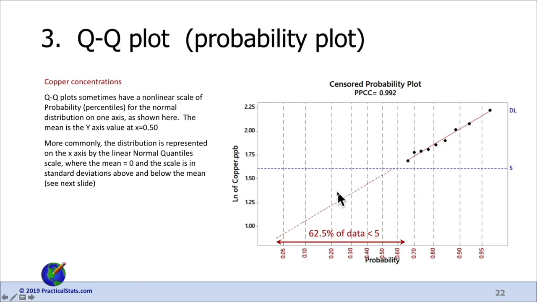And we do not plot numbers because we don't know what those numbers are. What that does is push these detected values to the same percentage points that they would have if we knew what these values are, which means I can trust this shape. And as I mentioned in past webinars, if you delete the non-detects, that is not true.